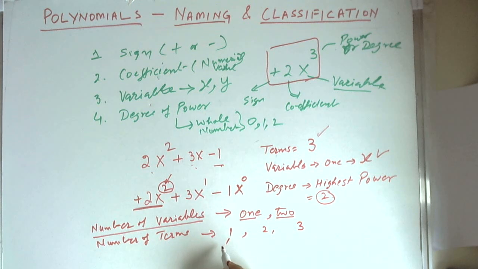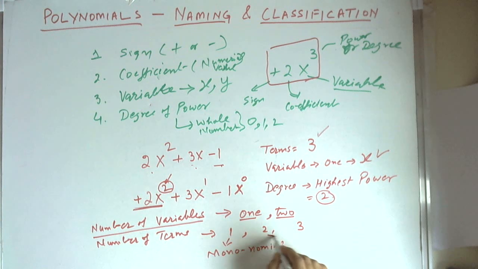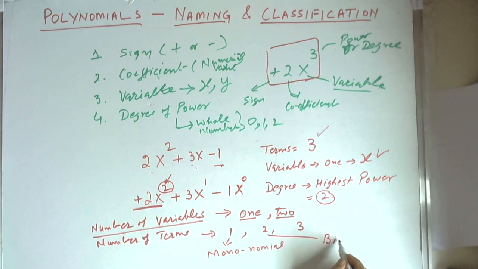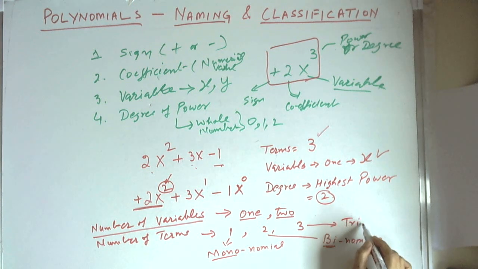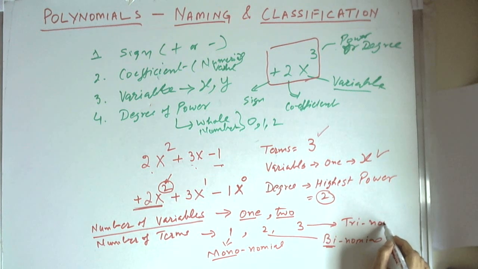If it is 1, it is called monomial, and if it is 2, it is called binomial. You know that mono means 1, bi means 2, and if it is 3, it is called trinomial.